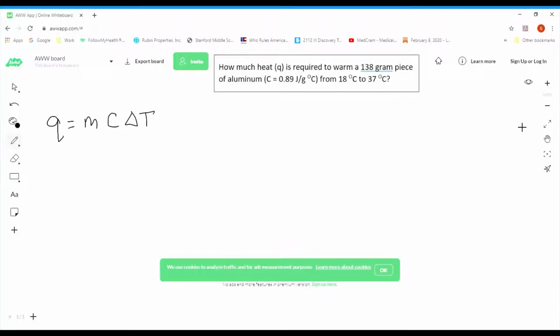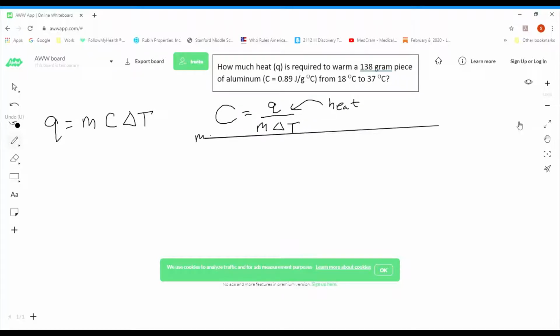You remember in the lecture PowerPoint, there was a definition for specific heat capacity: specific heat capacity C is equal to Q over M times delta T. Remember that Q is heat, M is mass, and delta T is change in temperature.